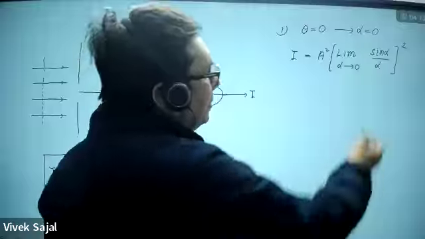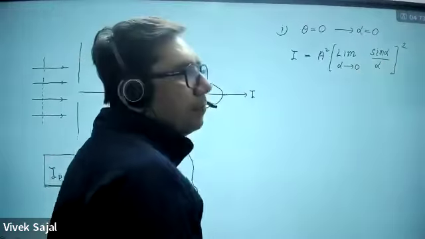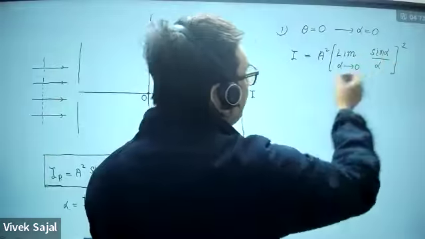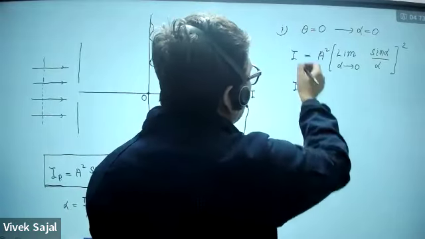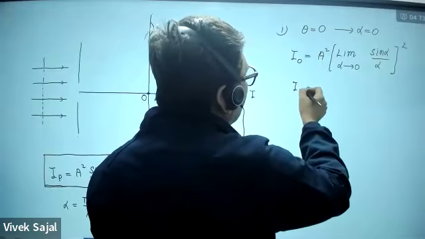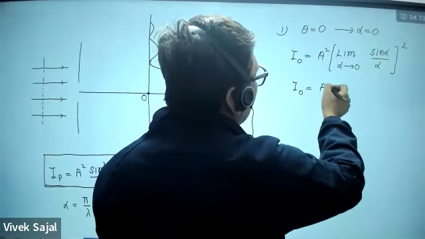What is the value of this? This is 1. So what will be the intensity at central point O corresponding to theta equal to 0? This is A square.